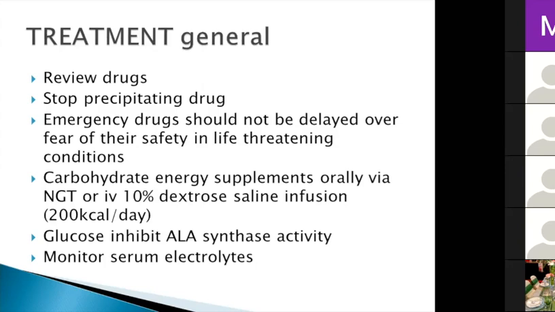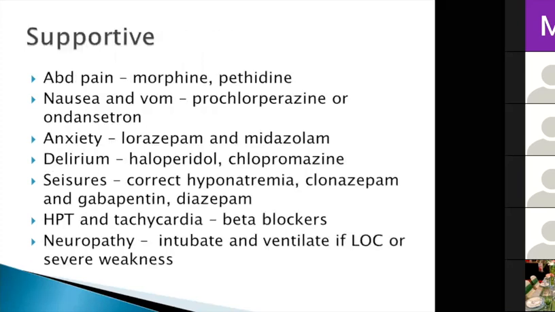If that's not doable, we can give IV 10% dextrose saline infusion, aiming for a total of 200 kilocalories in 24 hours. The reason why we combine our dextrose with normal saline is because these patients are at a very high risk of developing hyponatremia and seizures. And seizures combined with the very high risk of aspiration may kill the patient. So we need to avoid hyponatremia as much as we can.